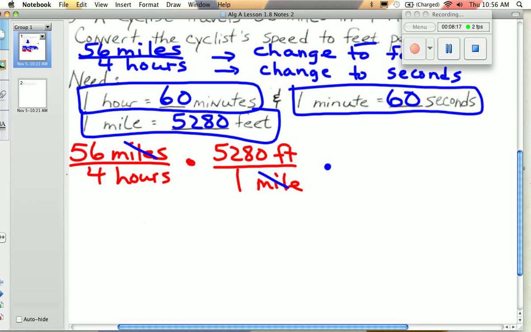Now we want to get rid of the what? Hours. So that means we need hours upstairs because they're downstairs over here. And so we'll look at our one that has an hour in it. It has 60 minutes. So we're going to put 60 minutes downstairs and 1 hour upstairs.